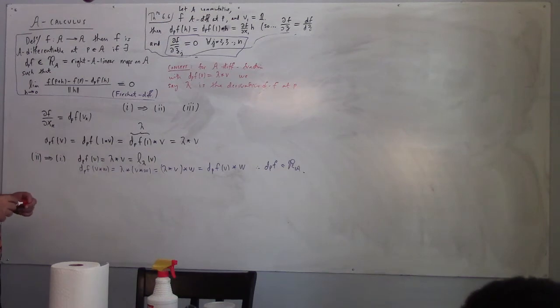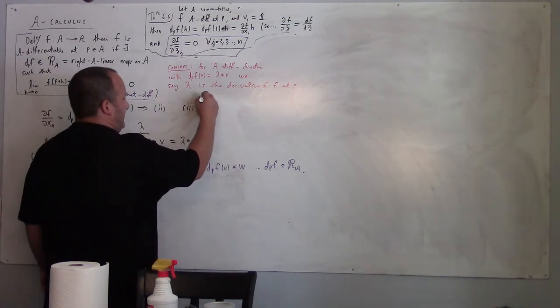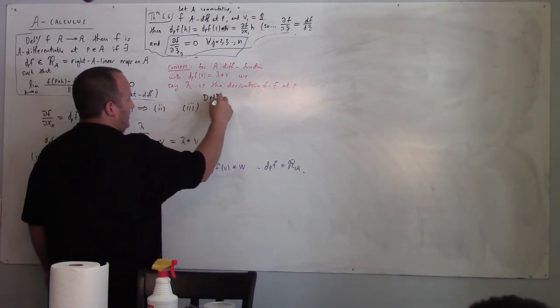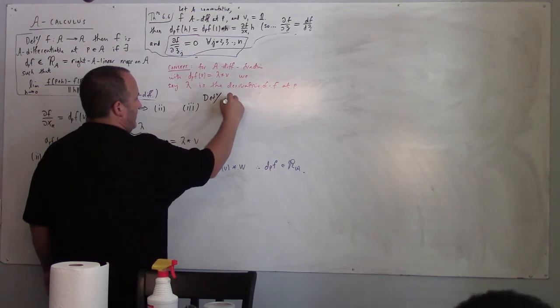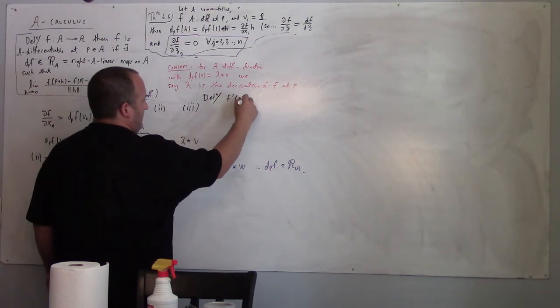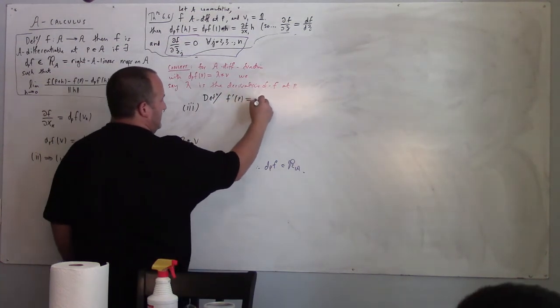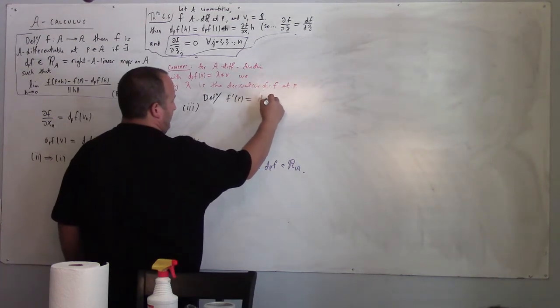But we can be a little bit more explicit about this. By definition, f prime of p is equal to d_p f of 1.